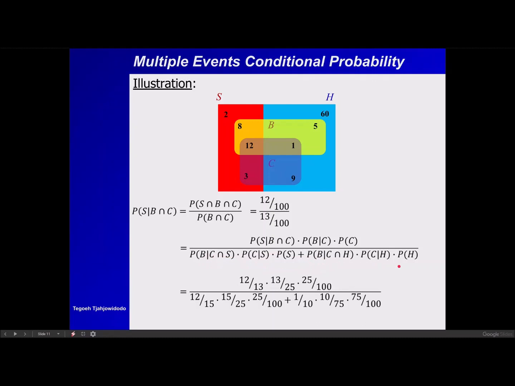If you put all of the numbers down here and calculate it, you will end up with 12 over 13. This is exactly equal to the probability that we calculated before just by looking at the diagram.